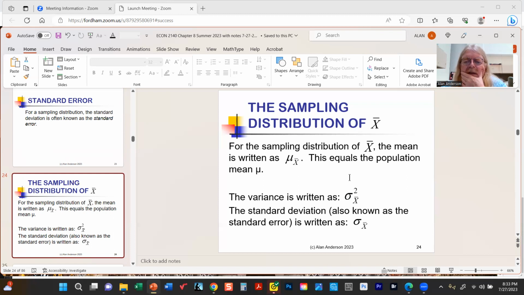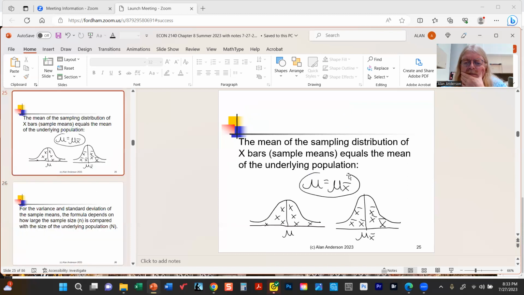Now, how do we figure these out? Well, they both have the same mean. In other words, the X's themselves and the X bars have the same mean. Let's say I'm drawing samples of ages for Americans. What if it turns out the average age for all Americans is 29?